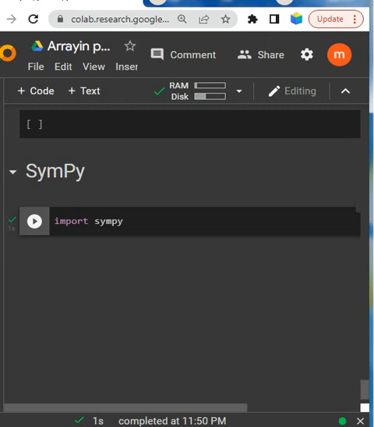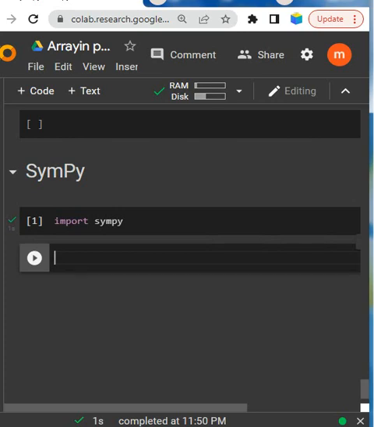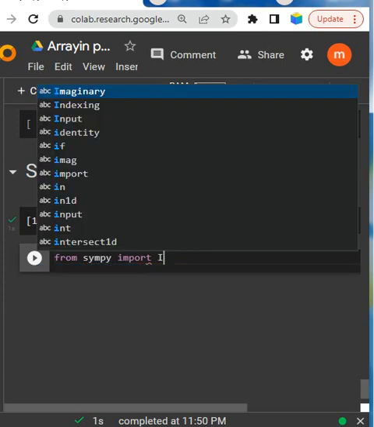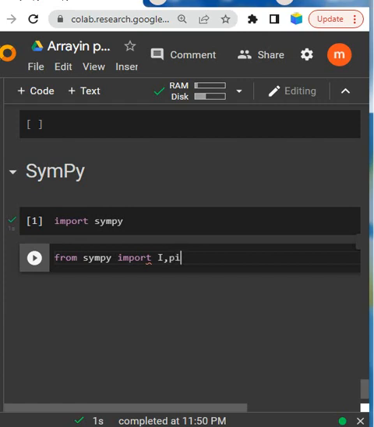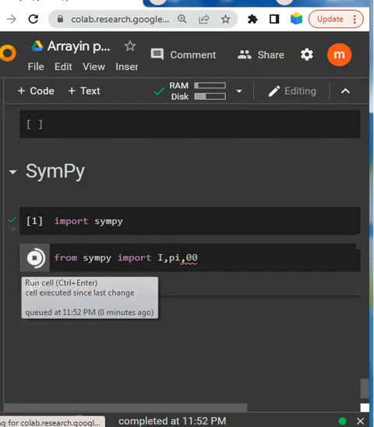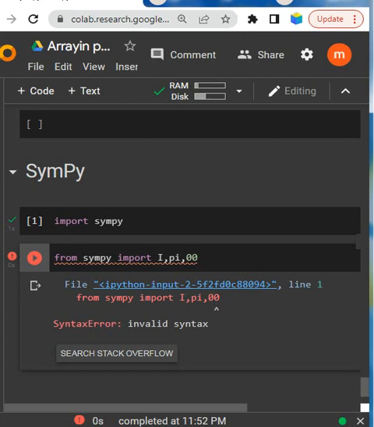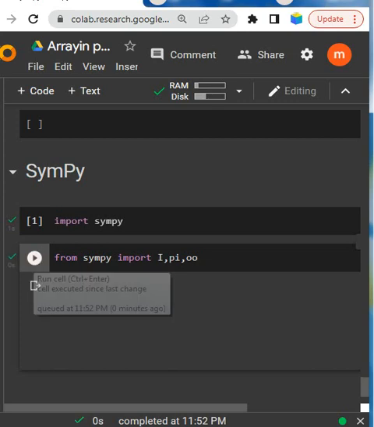Let's see, I am going to write from sympy import Integer as I, pi, and so on.